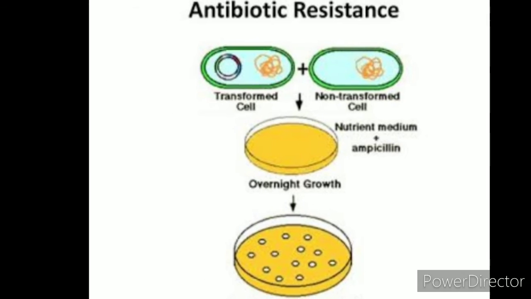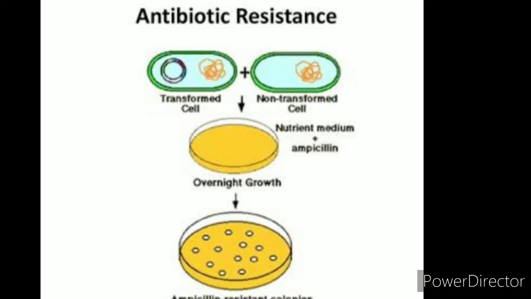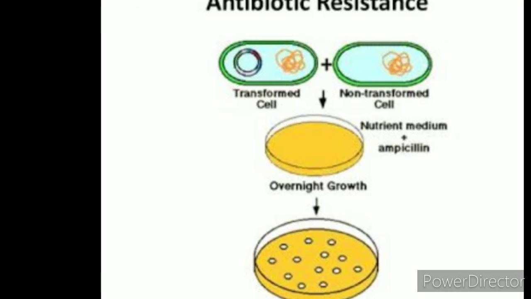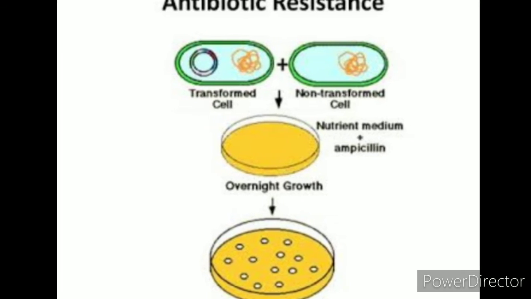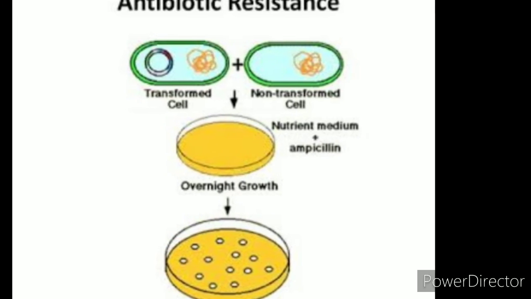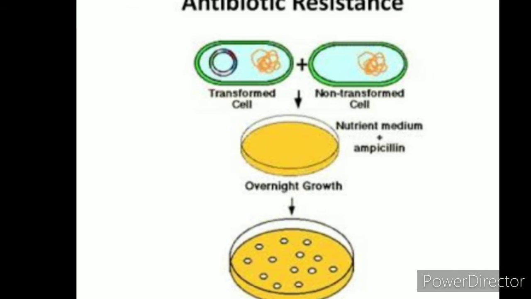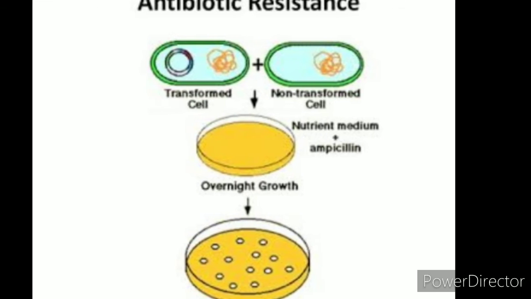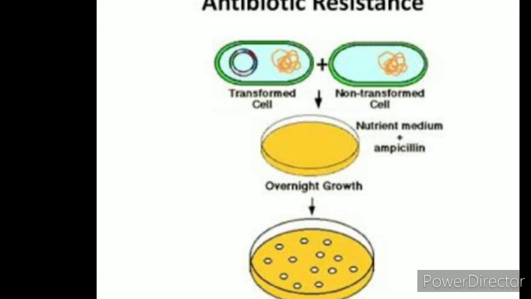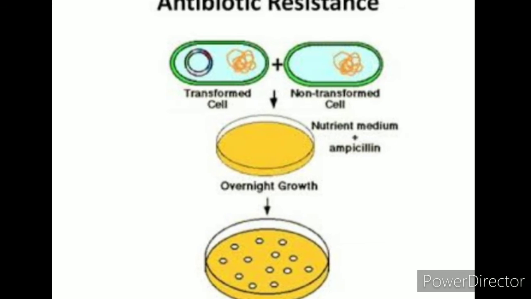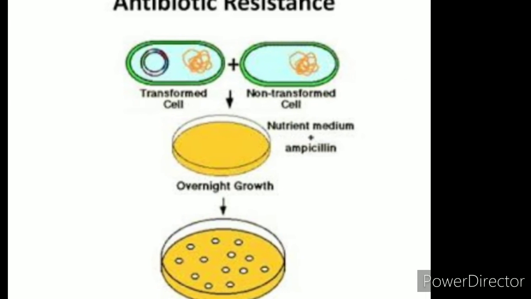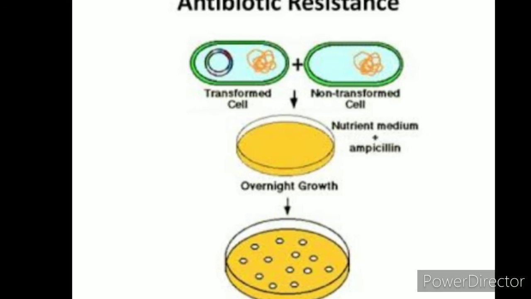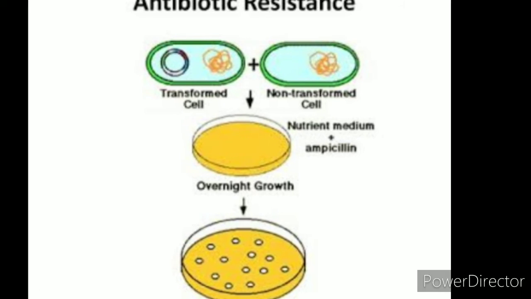Recombinants will grow on these media as they contain genes encoding resistance to antibiotics such as ampicillin, chloramphenicol, tetracycline or kanamycin, while others may not be able to grow in these media. Hence, it is considered a useful selectable marker.